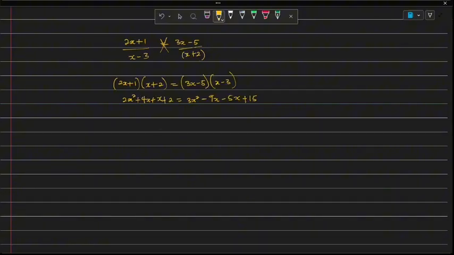Yeah, let's move everything to one side because we could see squares and squares. We know there's a quadratic equation somewhere. So let's even simplify it before moving. So we have 2x squared plus 4x plus x is 5x plus 2 is equals to 3x squared minus 9x minus 5x is minus 14x plus 15.